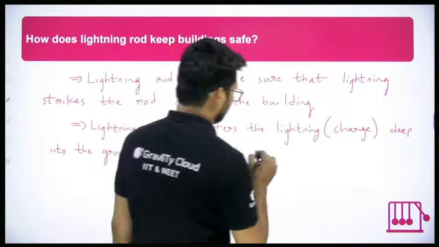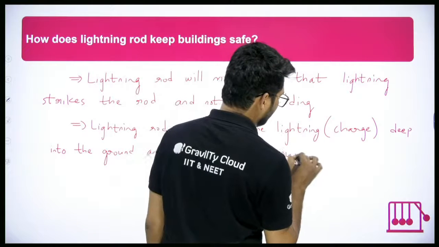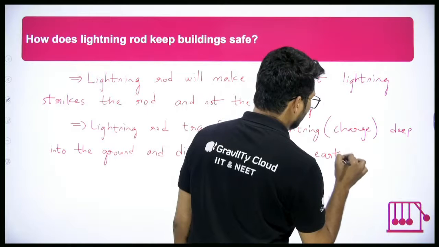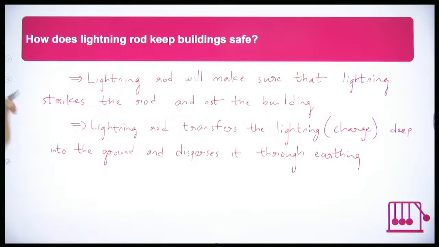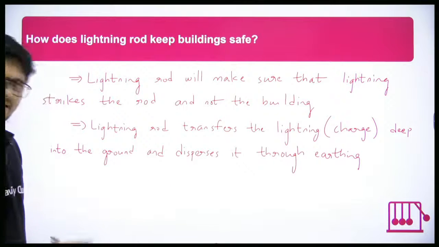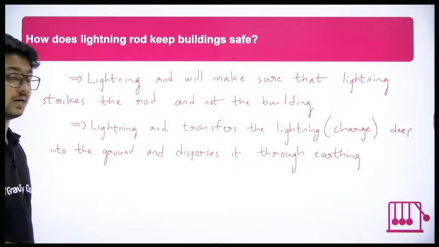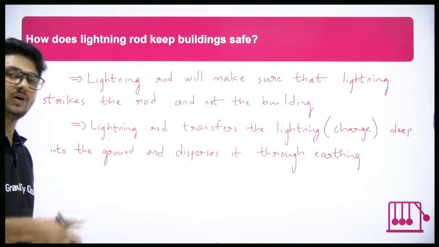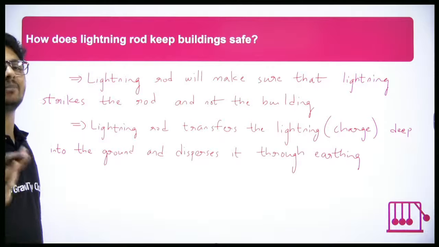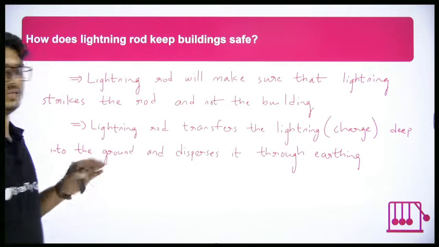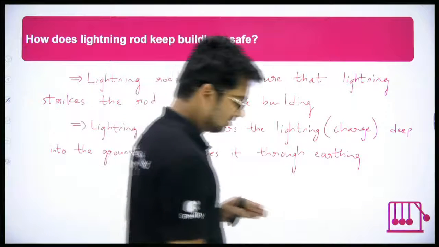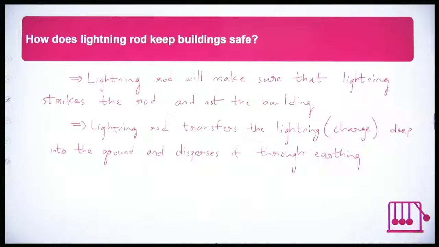Earthing. Through earthing, the buildings are safe. Simple 2 points. It will make sure that lightning strikes the rod and not the building. And then it will also make sure that the lightning goes deep into the ground without affecting the building in any way. Got it? 2 simple steps. Take down those points. This is how the lightning rod keeps the buildings safe.